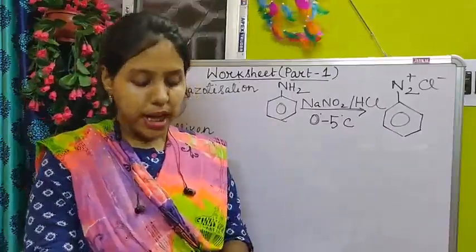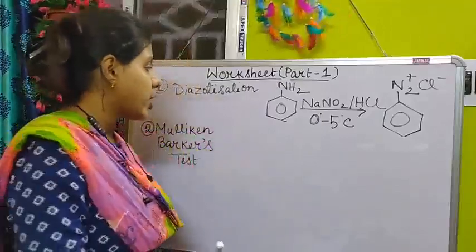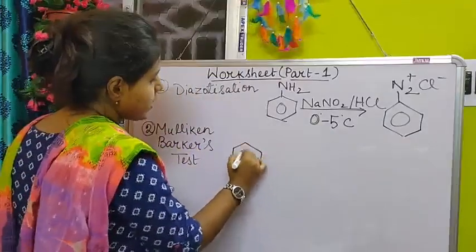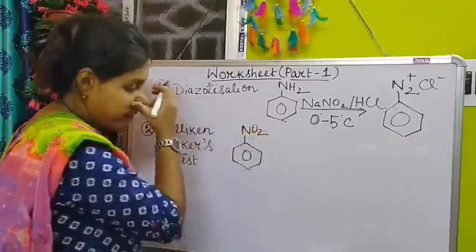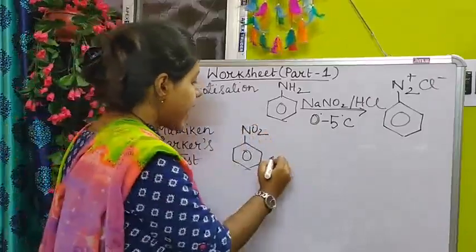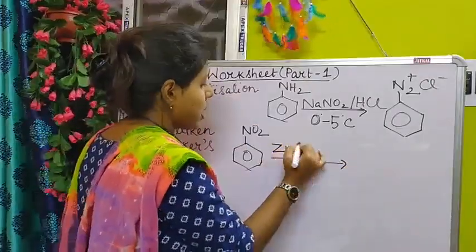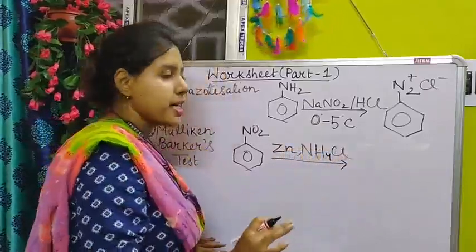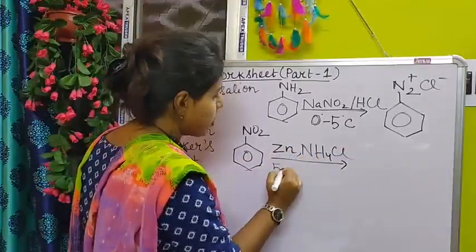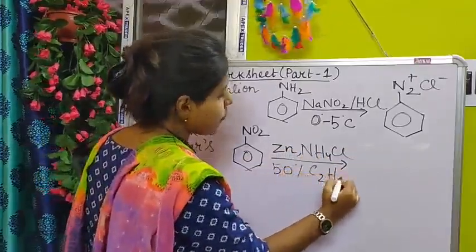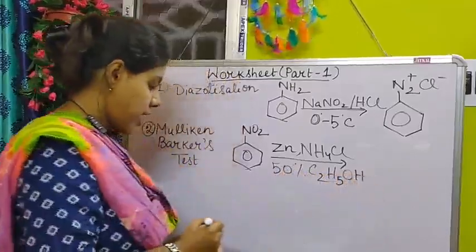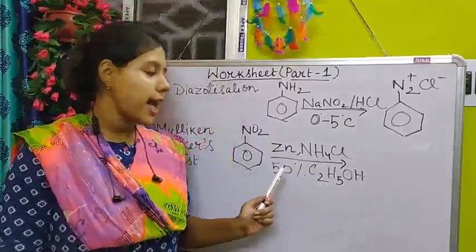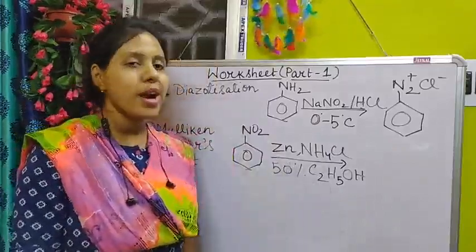If we react a nitro compound, just like nitrobenzene, with zinc and ammonium chloride, that means in a neutral medium, and 50% ethanol, C2H5OH, this is the first step of the reaction.